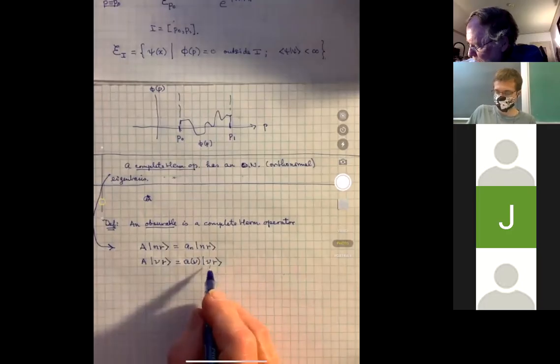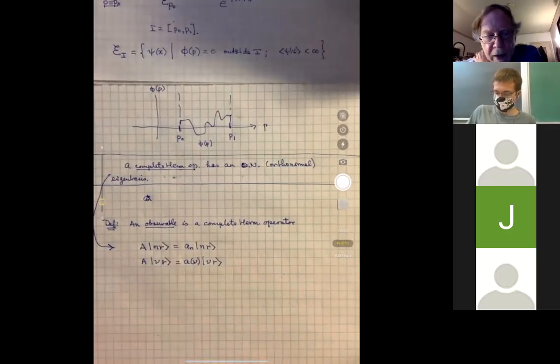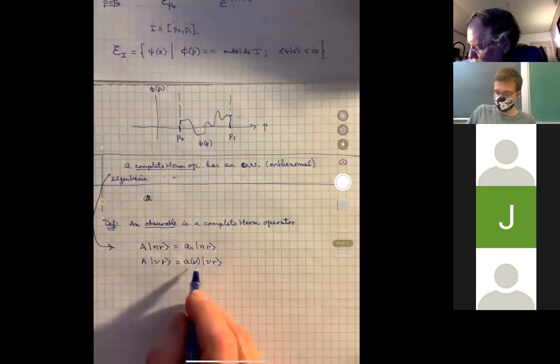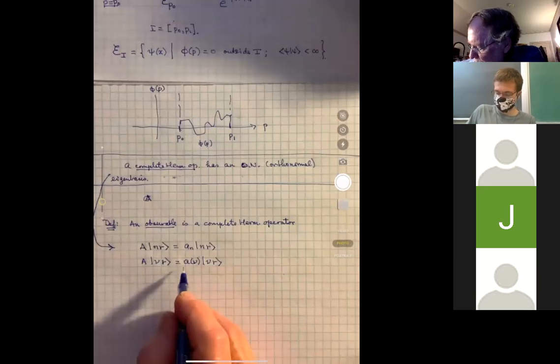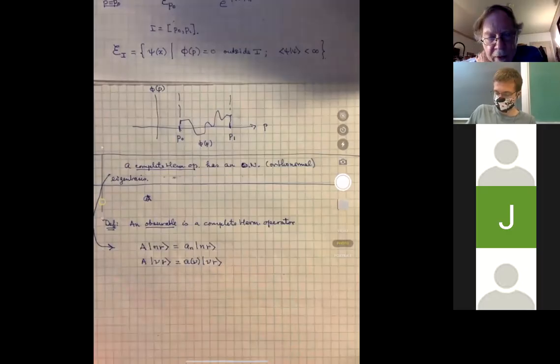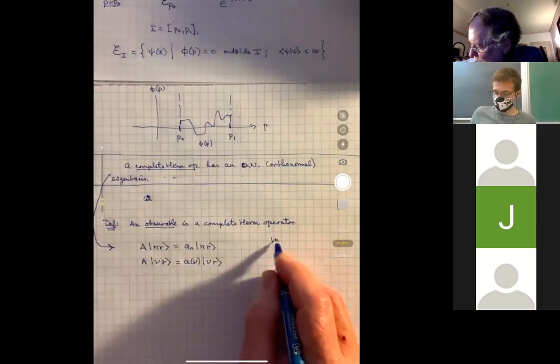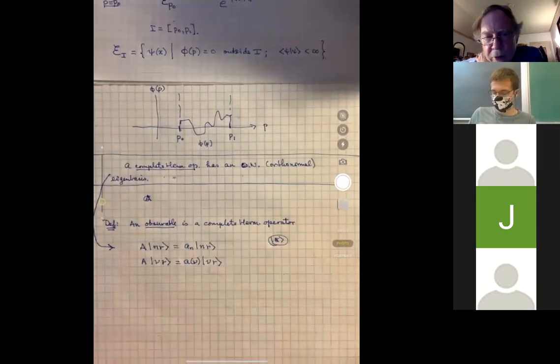The nu here is just a continuous variable that's used to label the eigenvectors, and the eigenvalue is a function of nu. The eigenvalue itself is also continuous, and if you wanted to, you could label the eigenvectors by a instead of by nu. That's just what we did with energy in these various problems I was just referring to. But there are other cases where you want to use a different parameter.